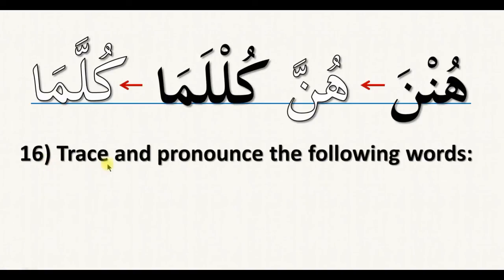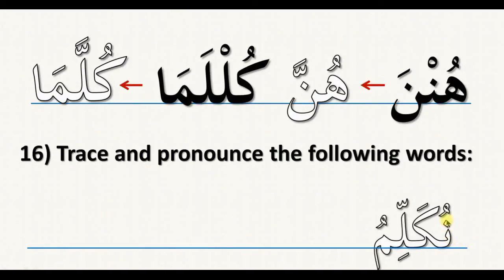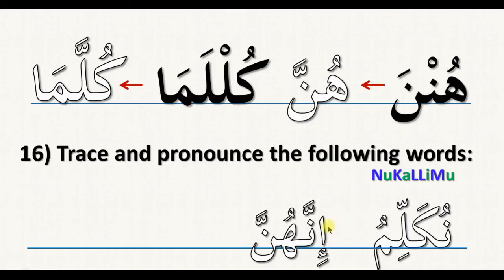Number 16. Trace and pronounce the following words. Here you have some additional examples. K-A-L, kal, L-I, li, M-U, mu, nukallimu. A-I-N, in, N-A, na, inna.